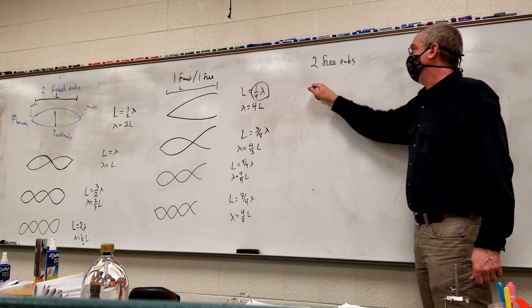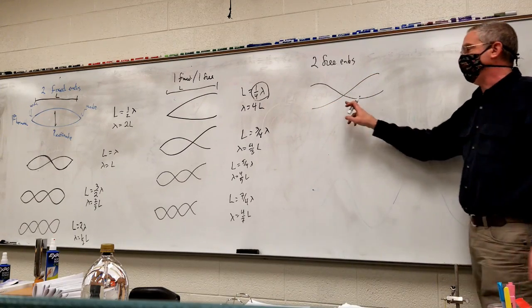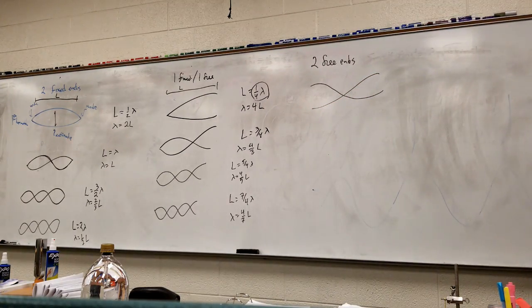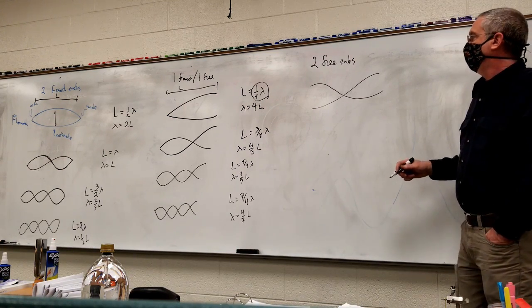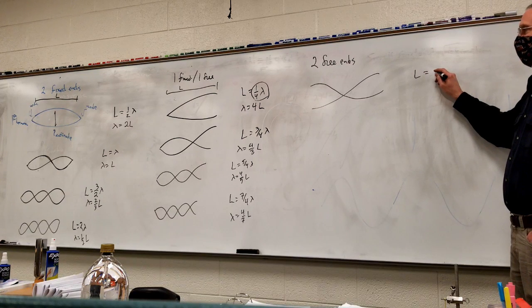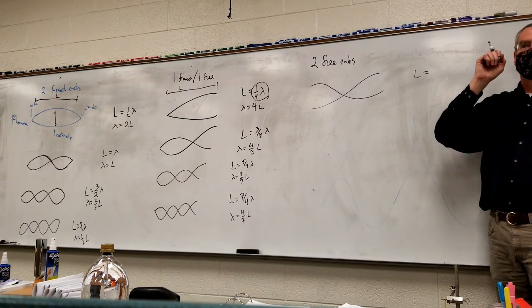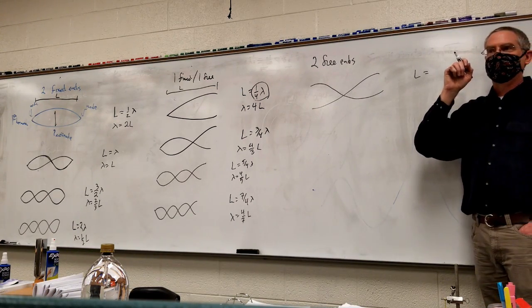The simplest wave: we have 1 node in the middle, 2 antinodes. How many waves is this? One. Nope. It is a half.